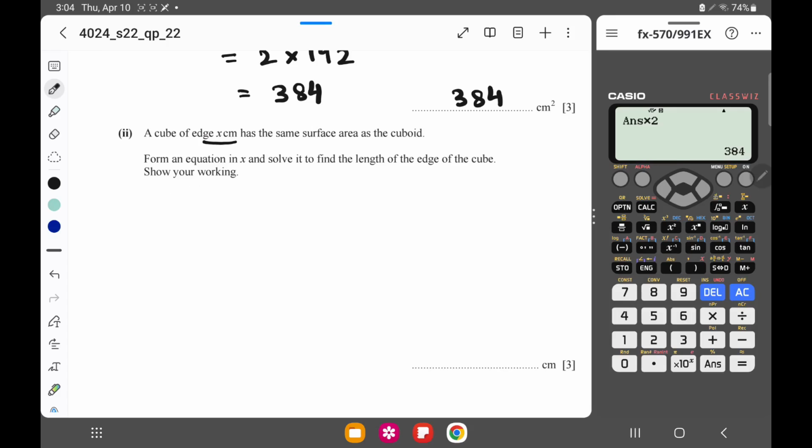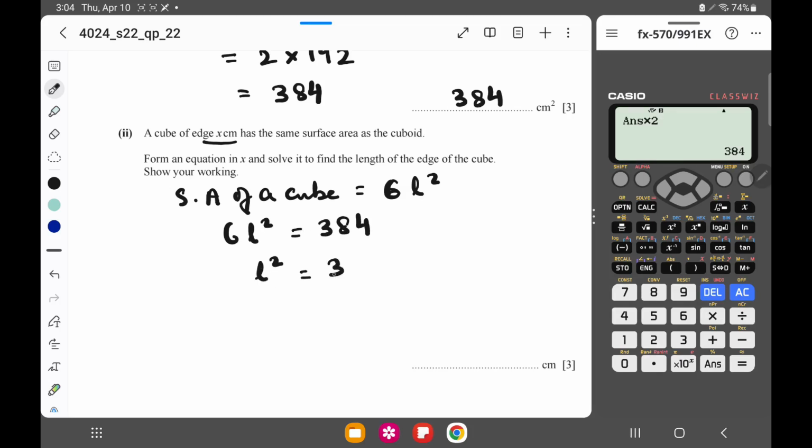So surface area of the cube is 6L square. Okay, and we have to find out the length. So total surface area of a cube is equal to 6L square. Okay, so 6L square is equal to 384.